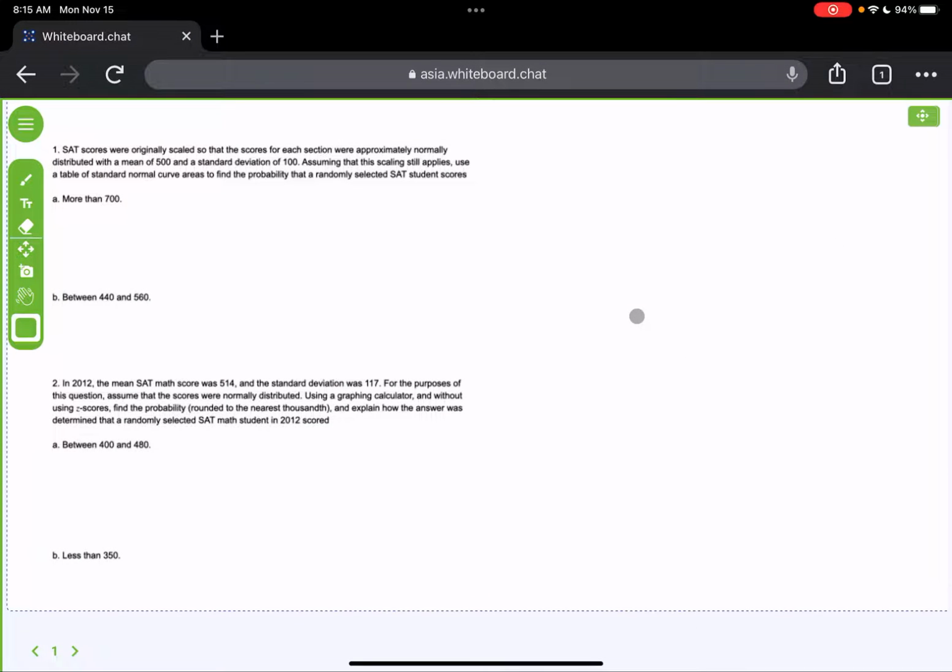Alright, so how do we do this? How do you find the probability that you will get more than a 700 on the SAT? What is our formula? The value, so x minus the mean over what?